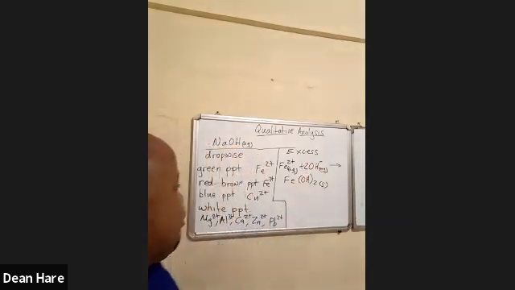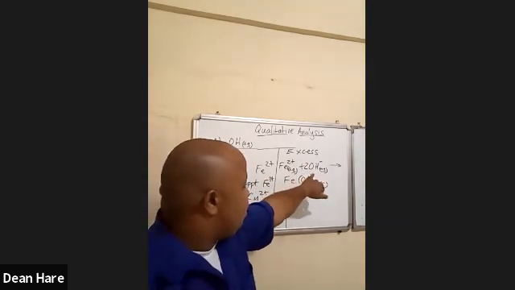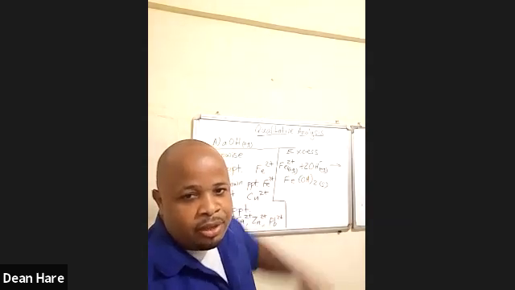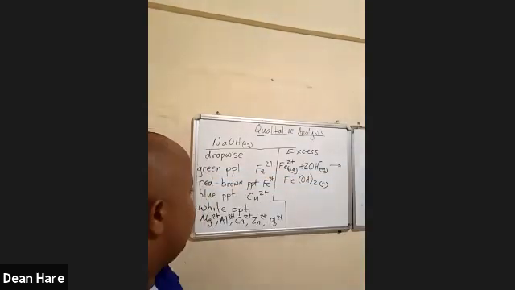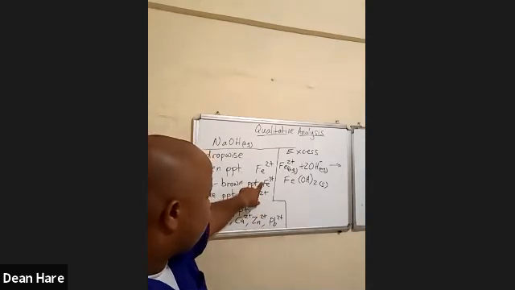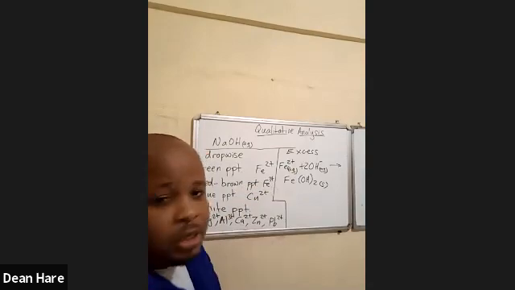Right, so what is happening? Each ion is combining with the hydroxide ion. So if it was Fe3 plus, what would the equation have been?